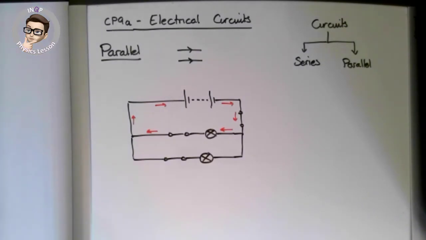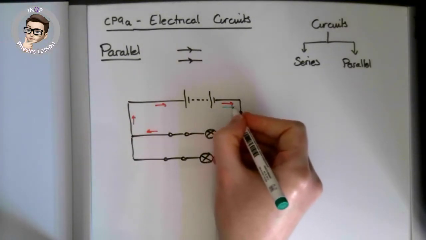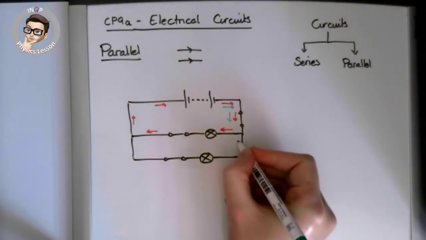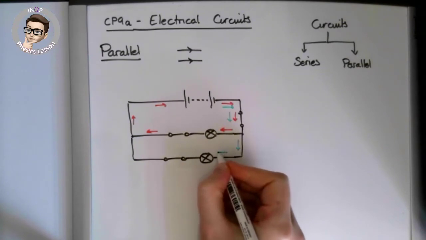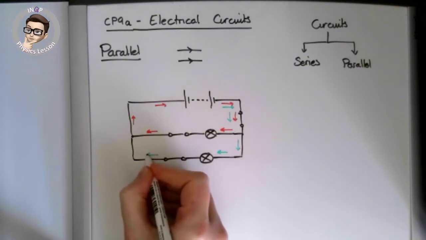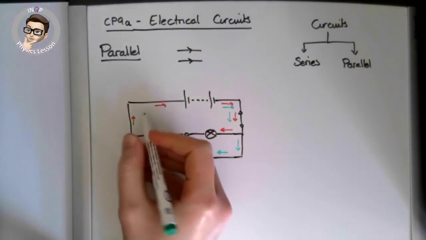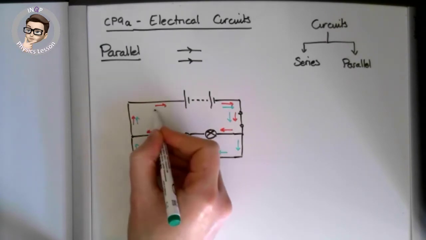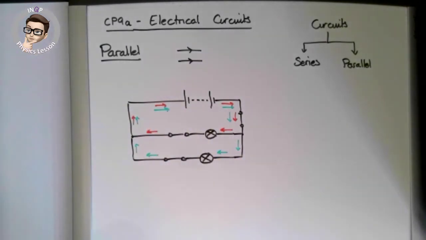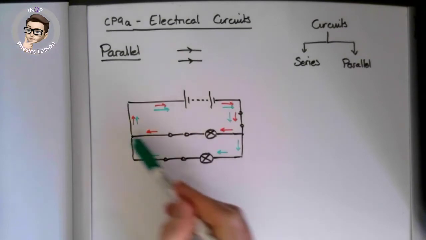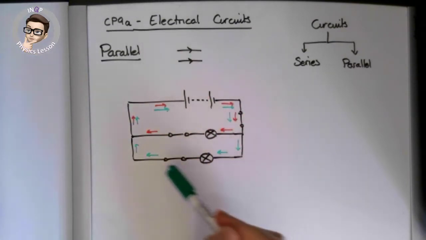And I have the green route. It's going to come out of the battery, come down, but now this way it is going to go through the second bulb, come back up, and then follow the route back to the battery. So we can see the red route goes around this way, the green route goes around this way.